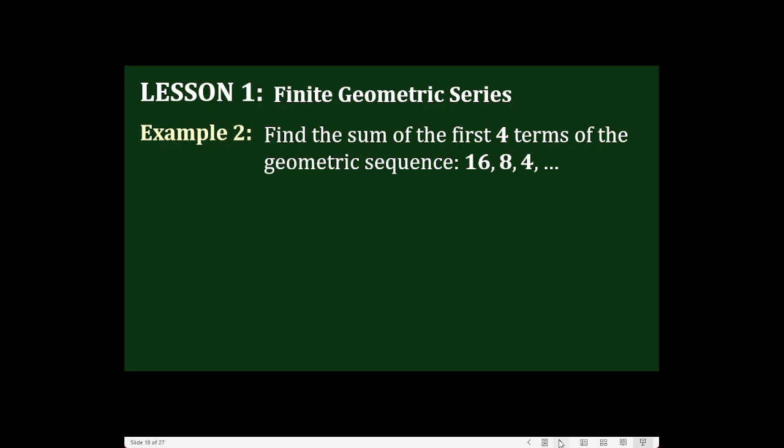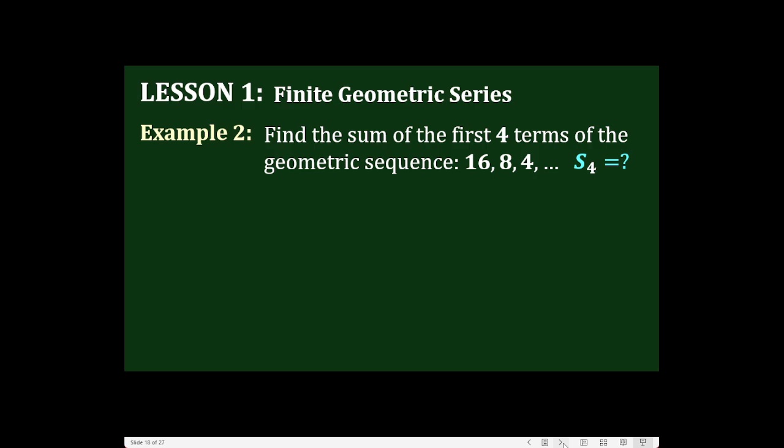Number 2, what about finding the sum of the first four terms if the sequence is this one, 16, 8, 4? You will notice that we have decreasing terms for this sequence. So we can also say that this sequence is converging, meaning that the terms are getting smaller as it approaches 0.